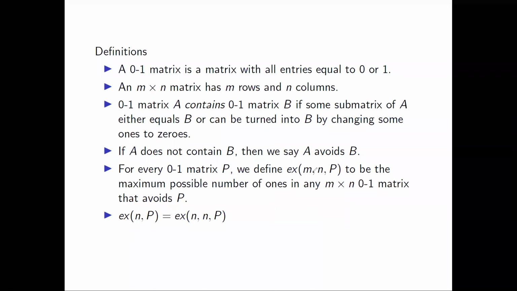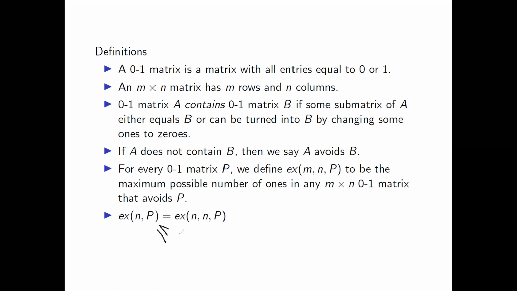Ex of m comma n comma P is the maximum possible number of ones in an m by n 0, 1 matrix that avoids P, and Ex of n comma P is going to be the maximum number of ones in an n by n 0, 1 matrix that avoids P. Since an n by n 0, 1 matrix has a total of n squared entries, the most possible number of ones it could have, regardless of whether it avoids P or not, is going to be n squared.